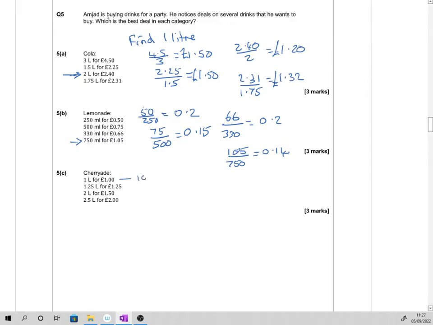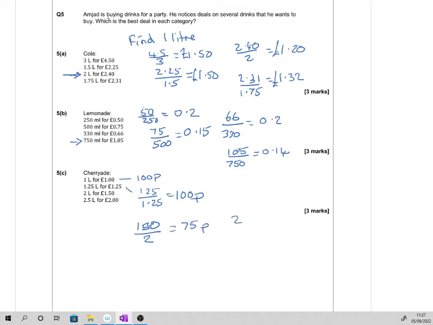So that's 100 pence. This one, I'm going to go 125 divided by 1.25 equals 100. Third one, 150 divided by 2, that's 75 pence.